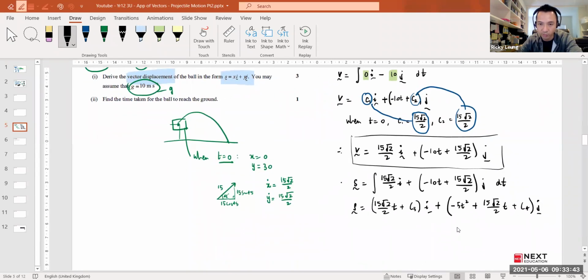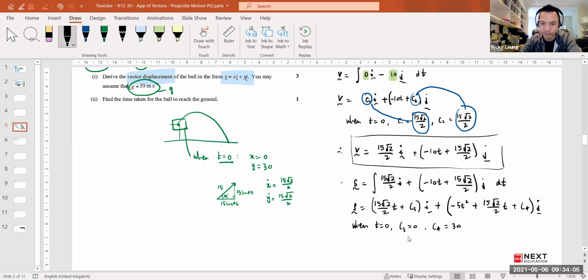So when t equals 0, initial horizontal displacement is 0, right? So then c3 is 0. When t equals 0 there, initial vertical displacement is 30, right?